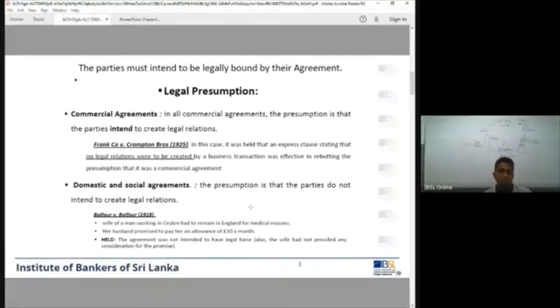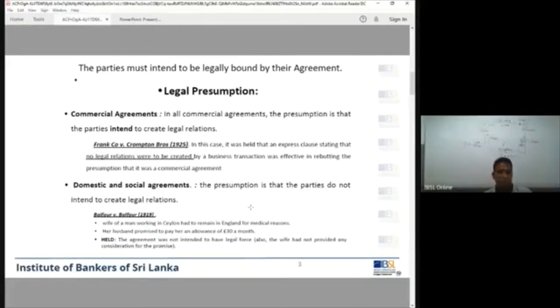Presumption number two, if it is a domestic or social agreement, what is the presumption? The presumption is that the parties do not have the intention to create a legal relationship. If it is a domestic or social agreement, the presumption is there is no intention of the parties to create a legally enforceable contract.